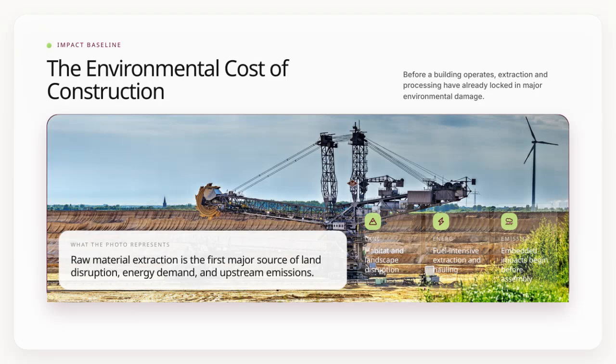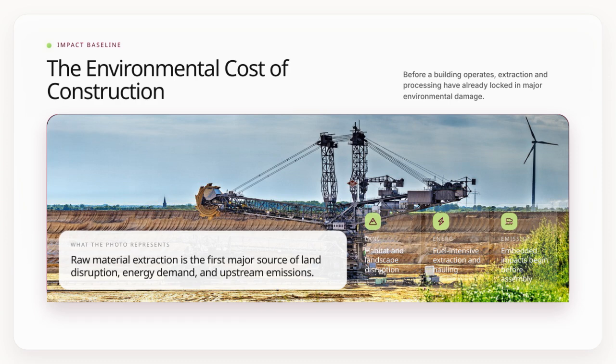Before a building even starts operating, a significant portion of its environmental impact is already locked in. This begins with the extraction and processing of raw materials, which sets the baseline for the overall environmental cost. The very first major source of disruption comes from extracting these materials, which has serious consequences for the land. Natural habitats are disturbed and landscapes altered permanently.